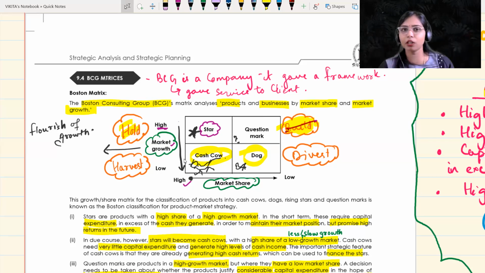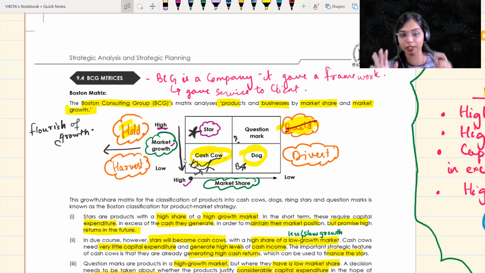It doesn't have a good recognition or share in the market, no growth, negative cash flows, no investment required. So what do you do? Obviously, you divest that particular product. You either kill the product, remove it, or think about other things and bring a change in the product and then come back into the cycle.